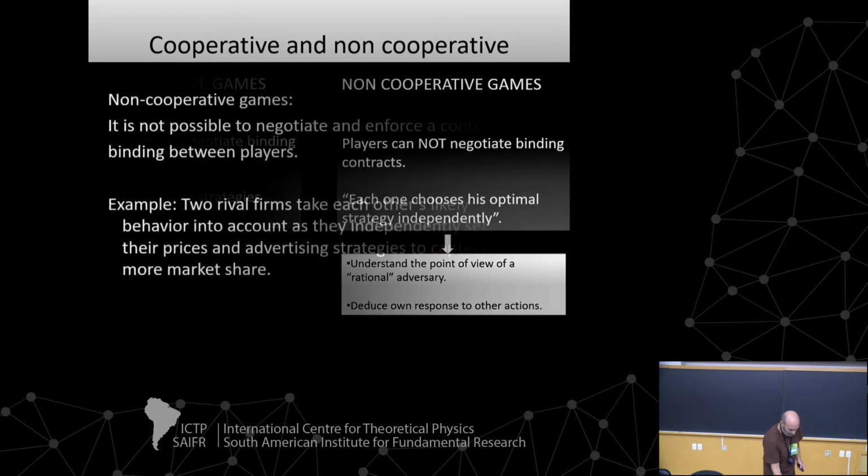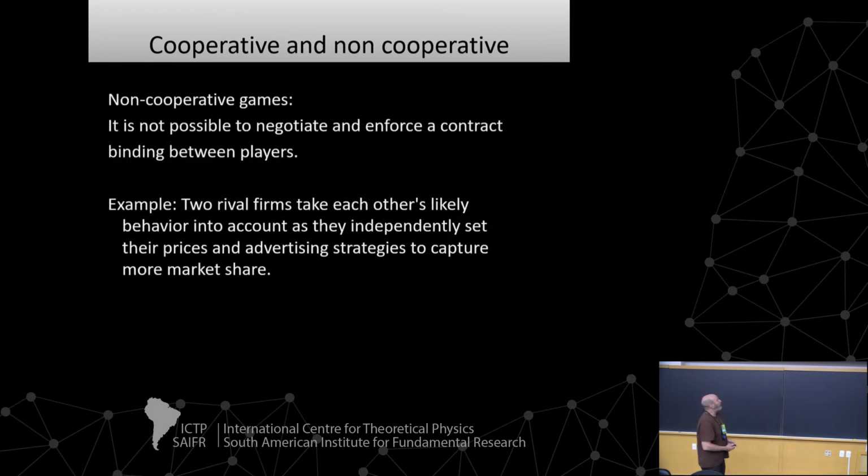So, for example, in non-cooperative games, it is not possible to negotiate and to enforce a binding contract between players. This is an example of non-cooperative games that is always easier to find. Two rival firms take each other's likely behavior into account as they independently set their prices and advertising strategy to capture more market share.